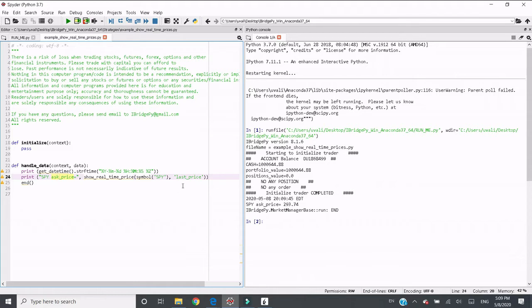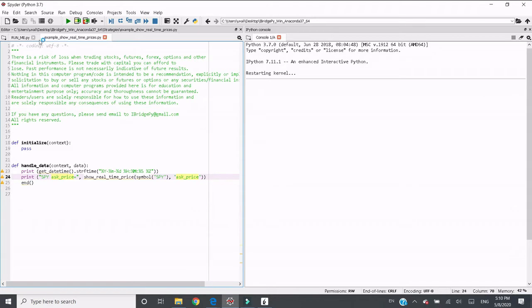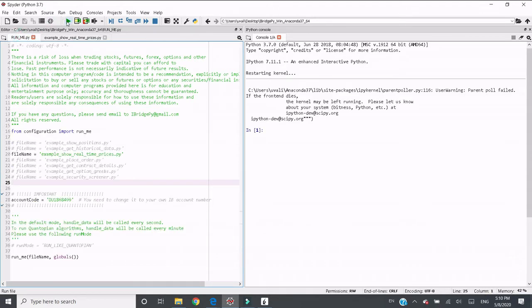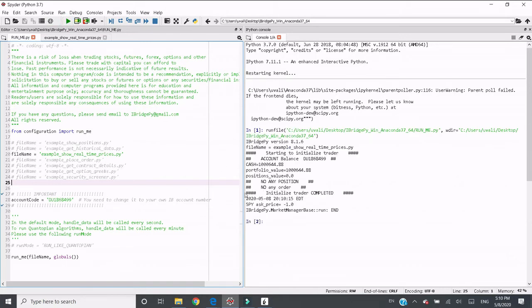However, if I change it to ask price, it's -1. -1 means there's no real-time price at this moment.